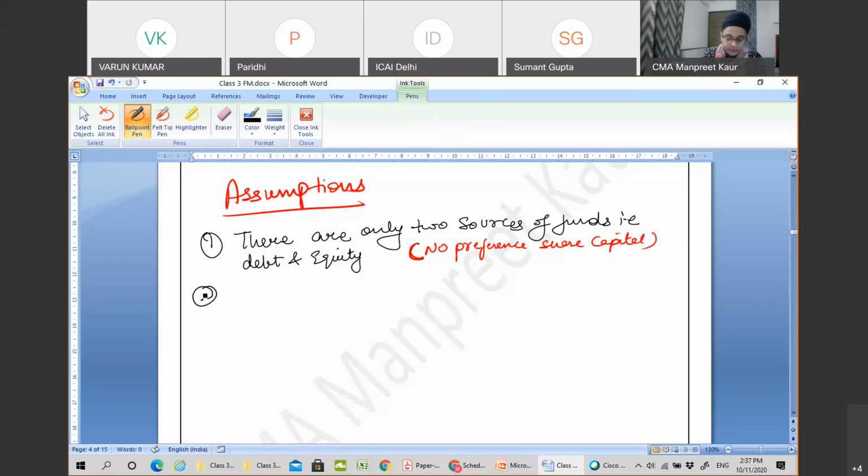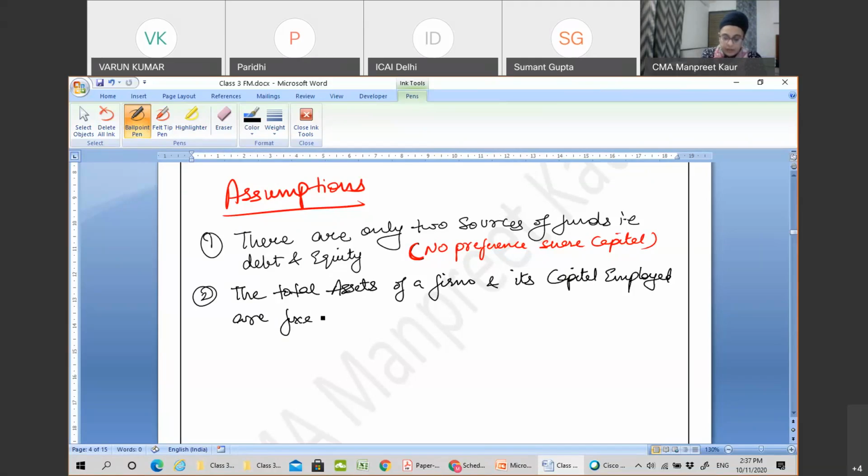Second is the total assets of a firm and its capital employed are fixed. Total assets of a firm and its capital employed are fixed. There will be no change in capital employed.